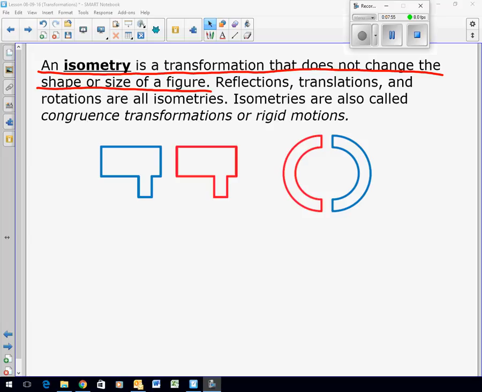That means that my shape in the pre-image, after it goes through any of those three transformations, has the exact same shape and the same size as it did before. That's a big deal that you understand that. We call that a congruent transformation or a rigid motion.